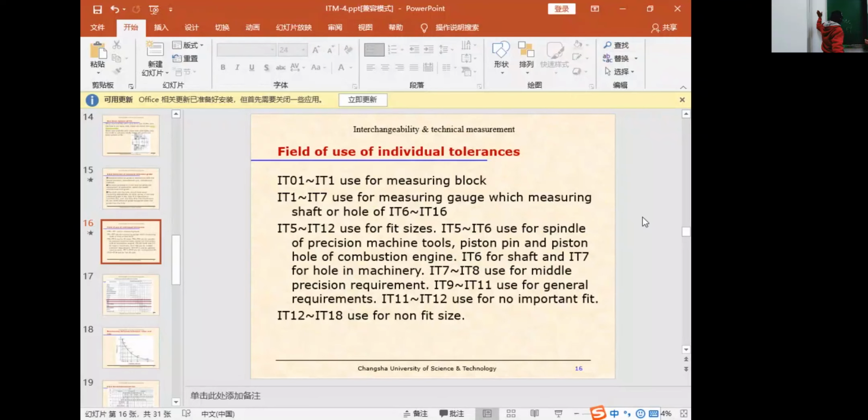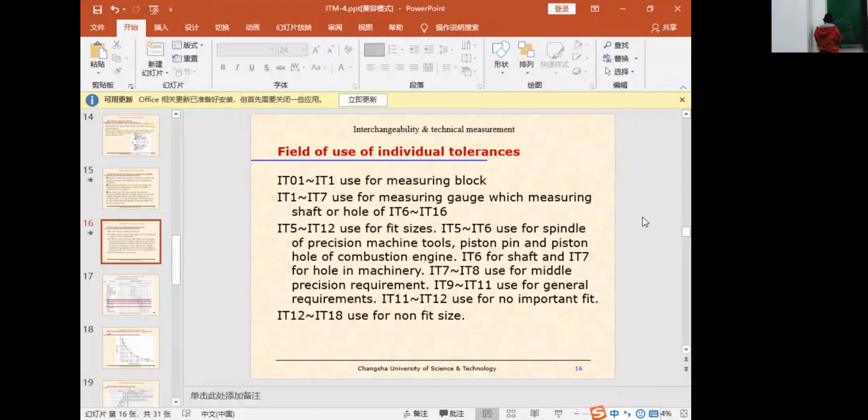The purpose is to have the same grade, like H7 or G7. But this is not very usually used, because the hole is low, so we don't design like this.